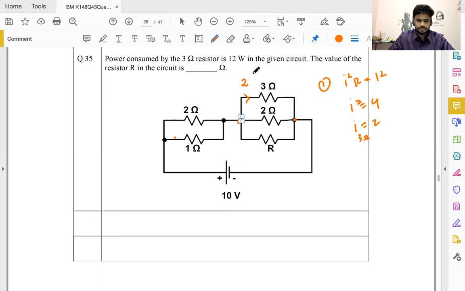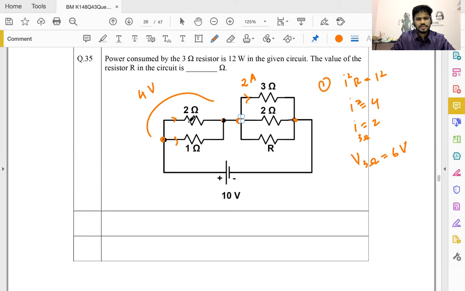That makes V across 3 ohm, essentially this V, 2 times 3, 6 volts. So there is a 6 volt drop here. There is a total of 10 volt rise. So this should be 4 volts.